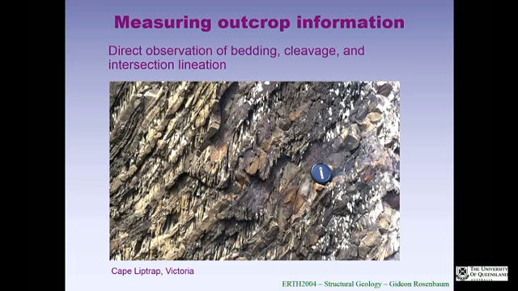Okay, but upright fold is only half of the name of a fold. Yeah, that basically means that the axial plane is vertical. But as we know, the folds also have a fold hinge, and we can have plunging upright or horizontal upright folds. And that's exactly what we get from the intersection lineation here. So if we have cleavage and bedding, we can immediately either measure, either find the intersection lineation or calculate the intersection lineation.